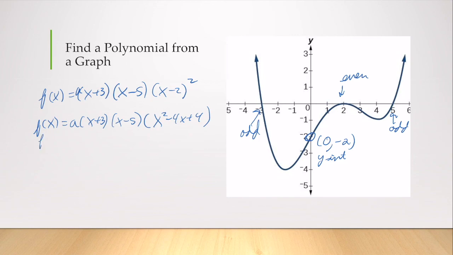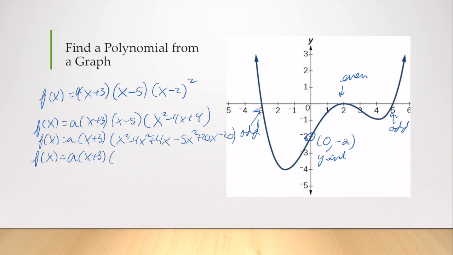F of x equals a times x plus 3 times x cubed minus 4x squared plus 4x minus 5x squared plus 20x minus 20. F of x equals a, it's better work, x cubed minus 9x squared plus 24x minus 20. Then we distribute again. So much distribution.